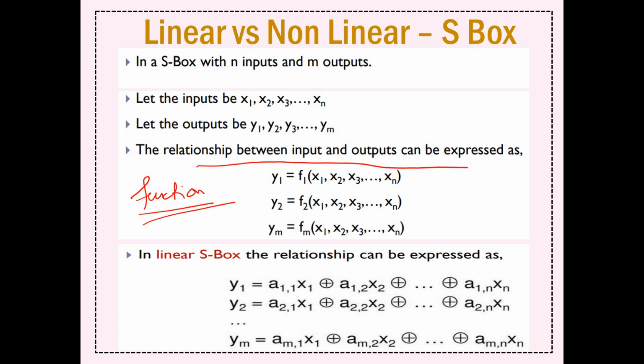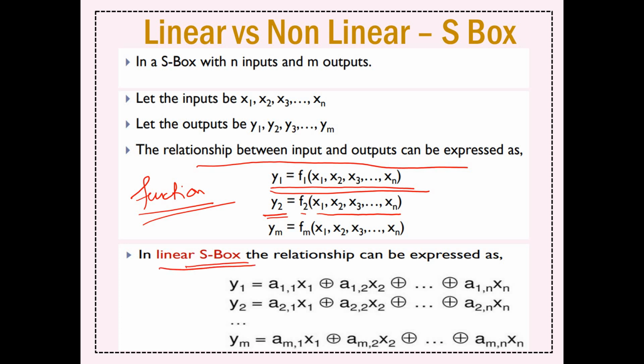So what is y1? Y1 is a function of the input. You can see y1 is a function of x1, x2, x3 up to xn. Again, y2 is a function of f2, but again the same number of bits are coming, x1, x2, x3 up to xn. And after we are getting all this, how are we doing it in general?